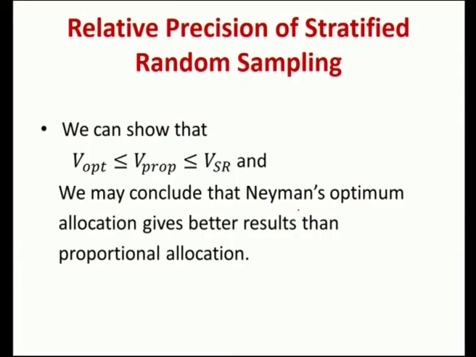Now, we have the relationship. We have shown that variance under optimum allocation is less than or equal to variance under proportional allocation, which is less than or equal to variance under simple random sampling. So, we can conclude that Neyman's optimum allocation gives better results than proportional allocation.